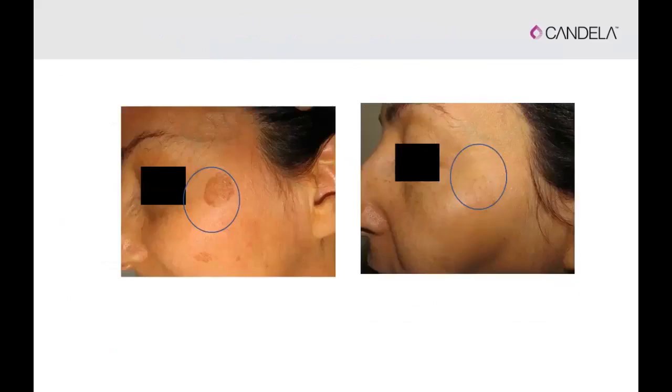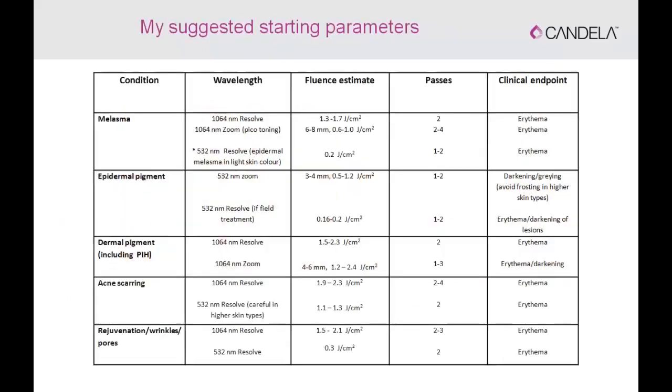So, for example, if I'm using it for melasma, I always start with the 1064 Resolve handpiece, and these are the fluence estimates that I start with. I do a couple of passes, and my clinical endpoint is erythema, and after that I do the picotoning with a large spot 1064 at lower fluences, and multiple passes, somewhere between 2 to 4, judged by the clinical endpoint.